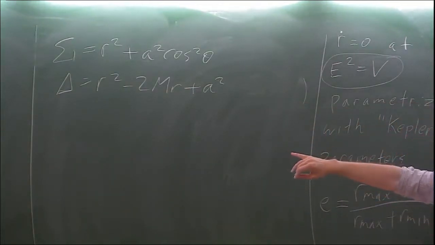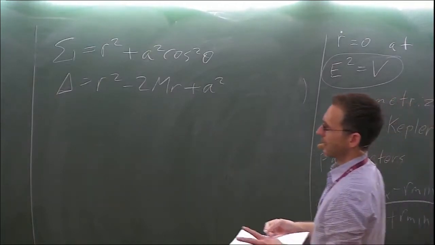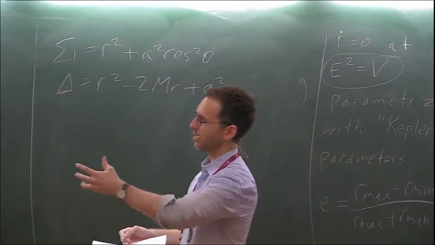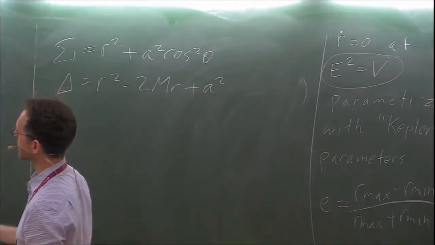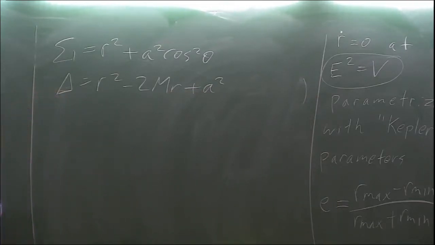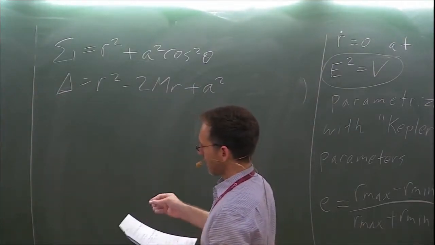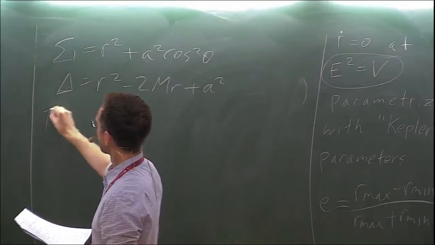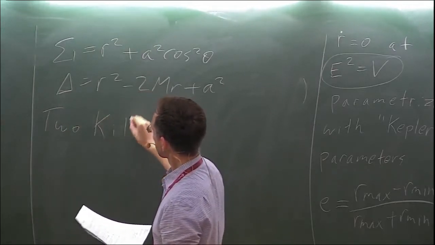Okay, now this metric only has two Killing symmetries. Schwarzschild had more because it was rotationally invariant. But this one, you can actually read off the Killing symmetries just by looking at what coordinates the metric is independent of. So here we have two Killing vectors.